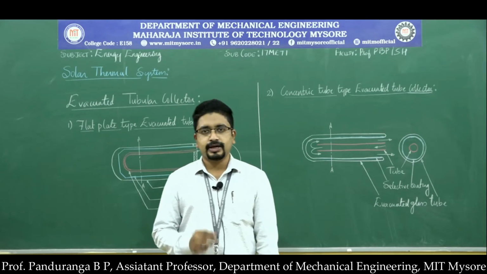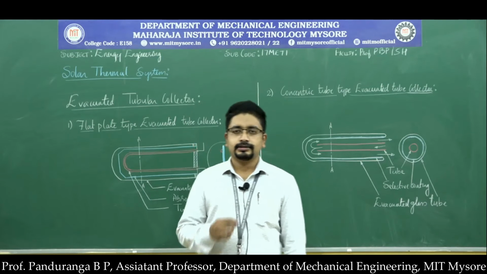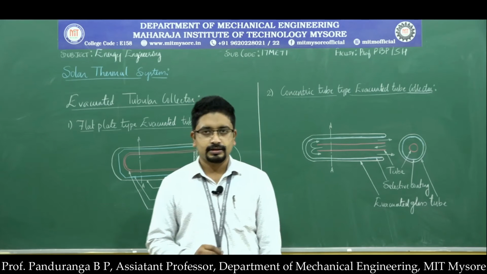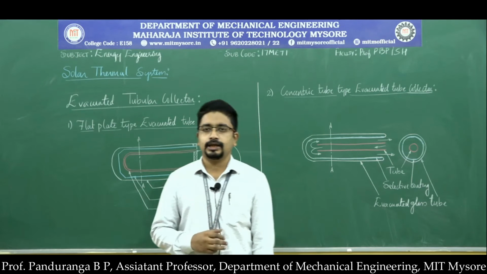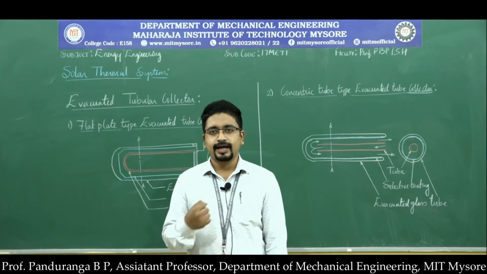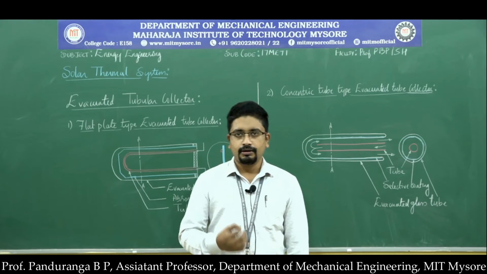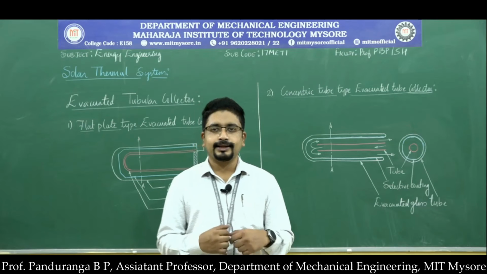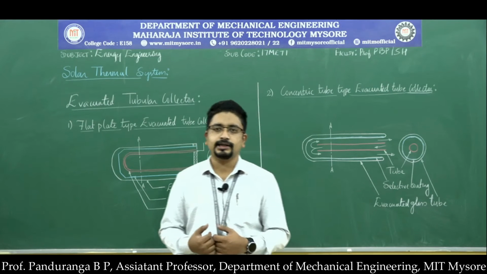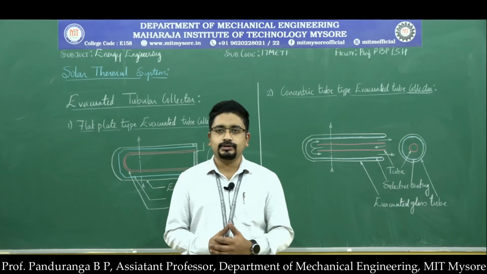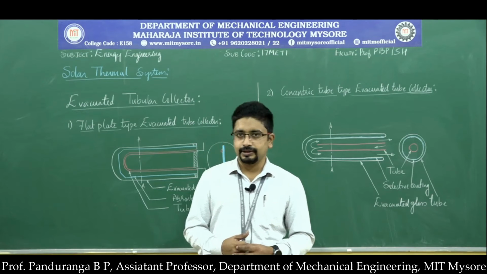One of the major drawbacks of a flat plate collector is that there is a lot of space through which the absorbed heat energy can be lost to the atmosphere. One thing is the structure is made of metal. The heat can easily conduct through the metal and be released to the atmosphere.